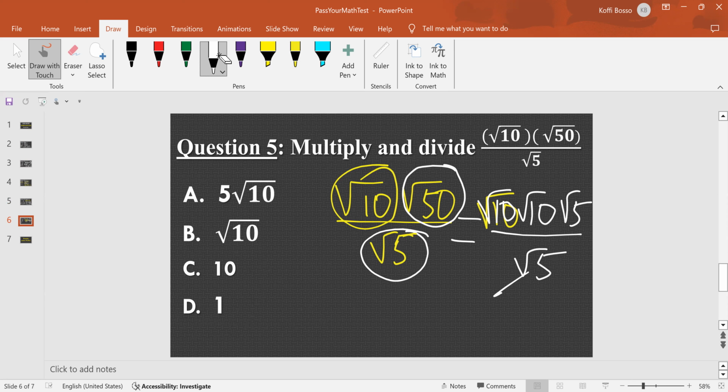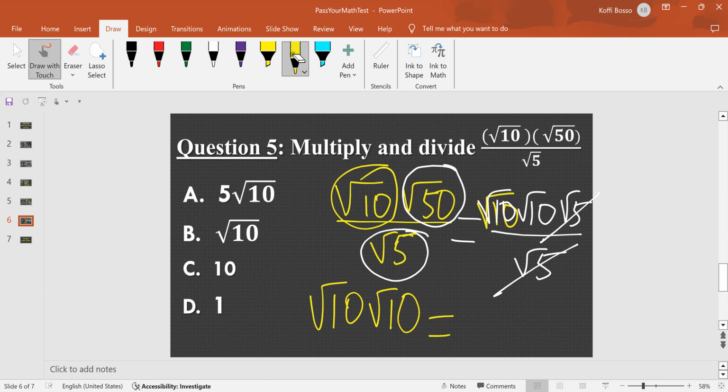Therefore, the square root of 5 in the denominator will cancel with this square root of 5. So what is left? I have a square root of 10 multiplied by another square root of 10. And we learned that every time we see square root of a number multiplied by square root of the same number, that gives you that same number without the square root. So this will be 10, regular 10.